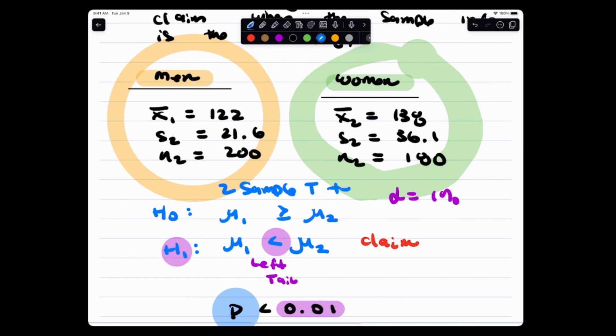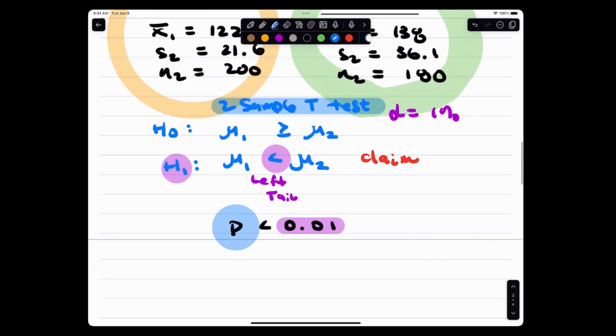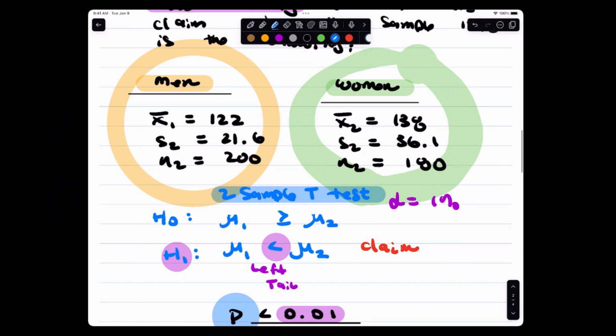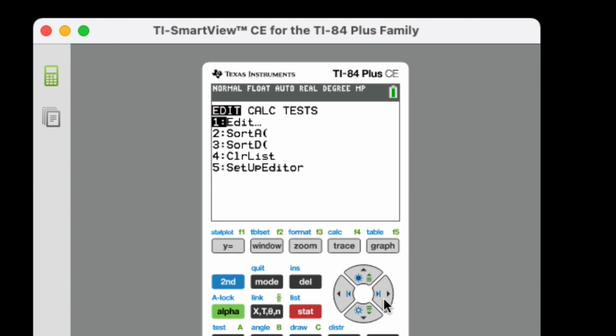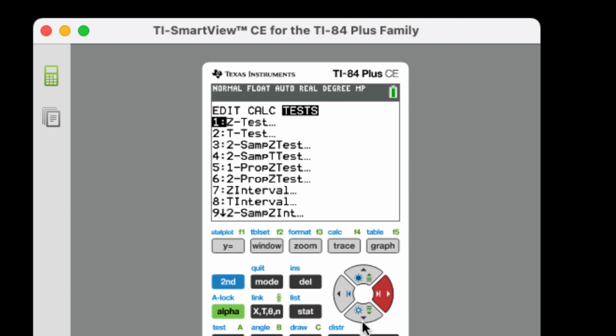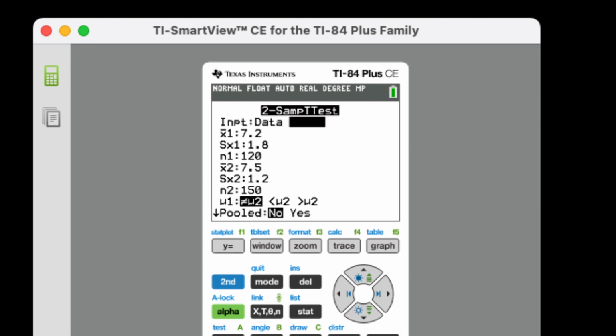I would even write that down, because that's kind of important. Stat test, two sample t-test, number 4.